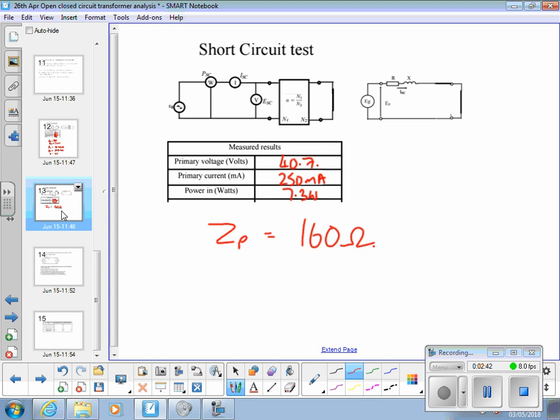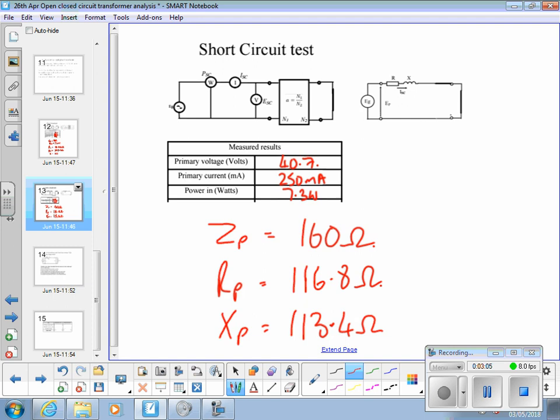An RP. 116.8 ohms. Looks good. And XP. 113.4 ohms. Yep, all close enough to what was got before to say they're in the right ballpark.